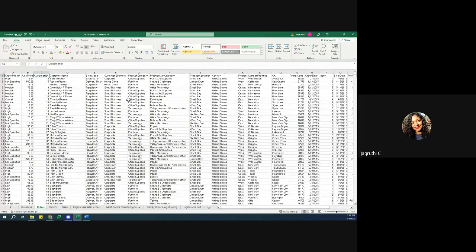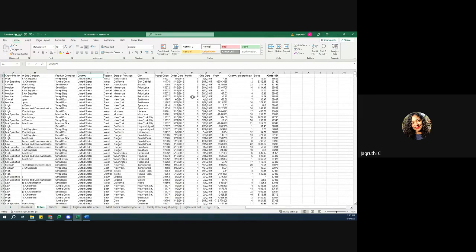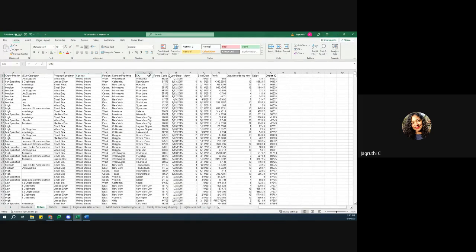You have your customer ID, your customer name, the order priority, the mode of shipment, the customer segment. Your customer segments can be corporate, home office, or small businesses. Then the product category that was bought, subcategory, container, country, region, city, postal codes, order date, month of the order date, your profit, your sales, and your order ID.